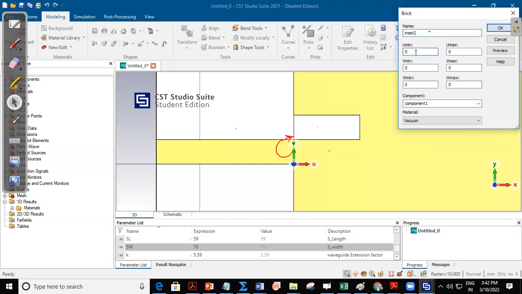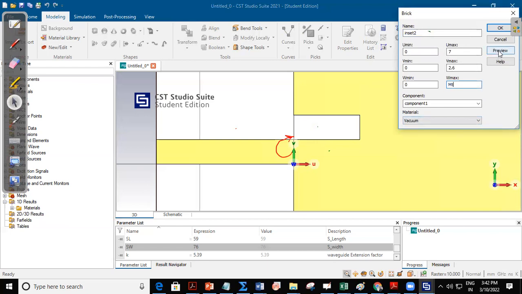Here U minimum is what we kept, 0 to 7, the same length. Width is 0 to MW, which means 2.6, and the thickness is 0 to MT.